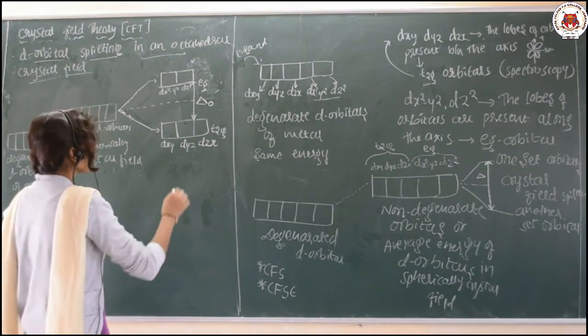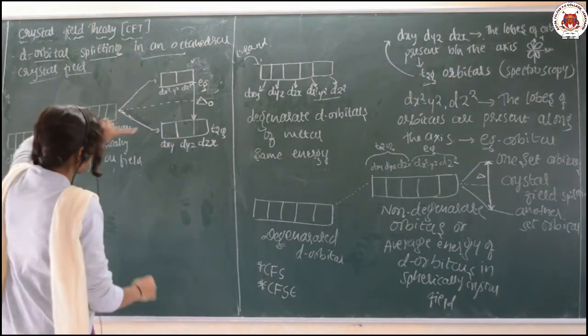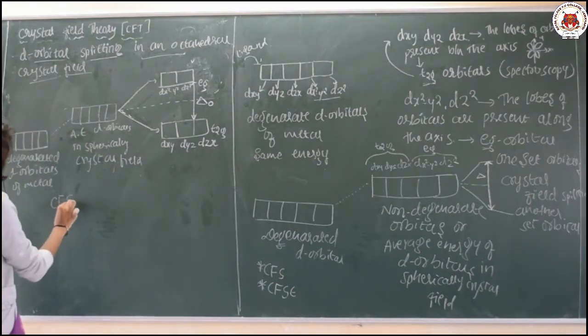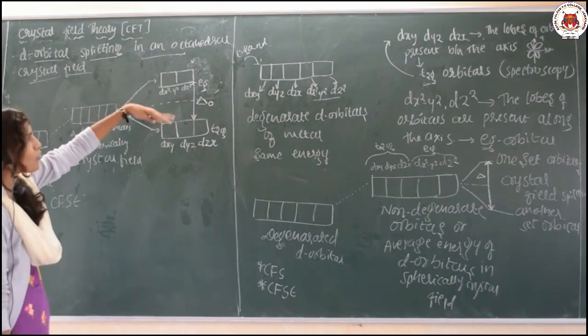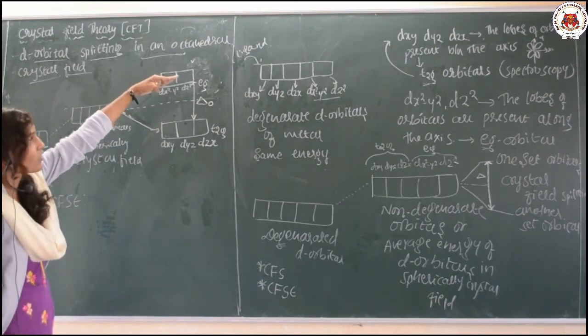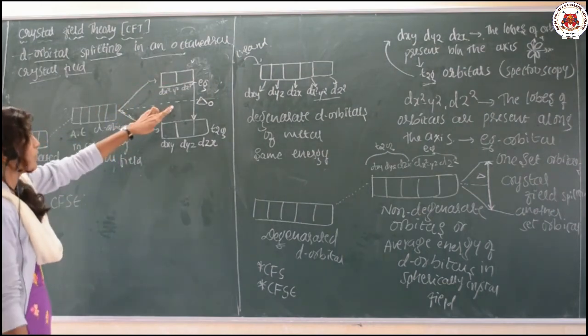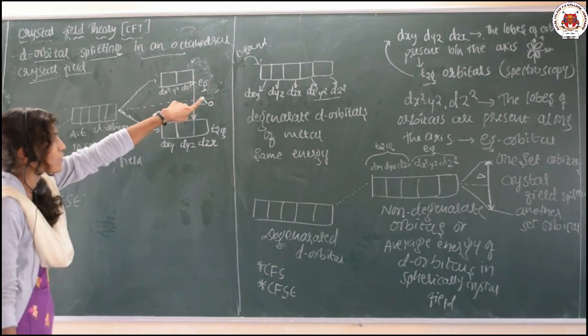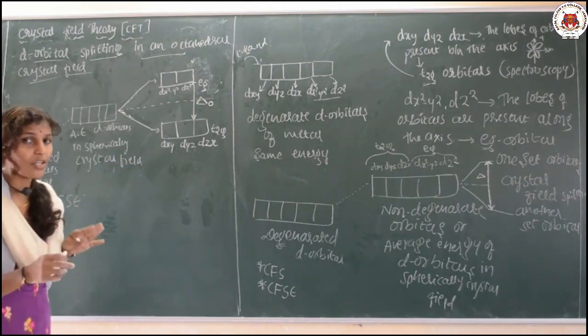Now one more thing. The crystal field splitting energy means the energy difference between the T2g and Eg orbitals, which we can call the crystal field splitting energy or crystal field stabilization energy.